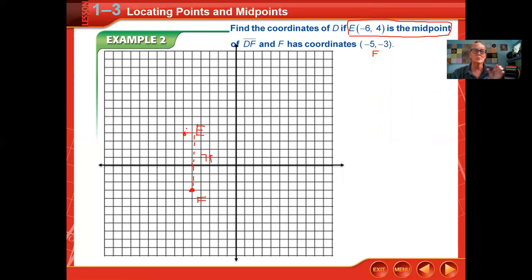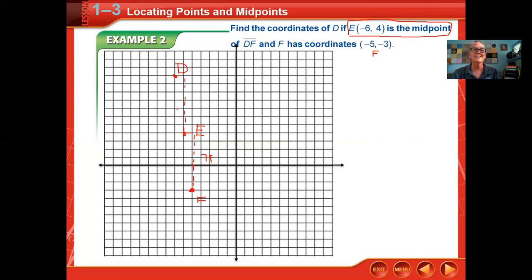I'm not going to write that because it's too small, and you will remember that. So guess what I'm going to do? I'm going to do it again. Go up 7 again. 1, 2, 3, 4, 5, 6, 7. And over 1. Ding, ding, ding. I found D.